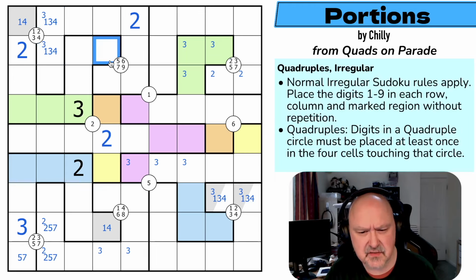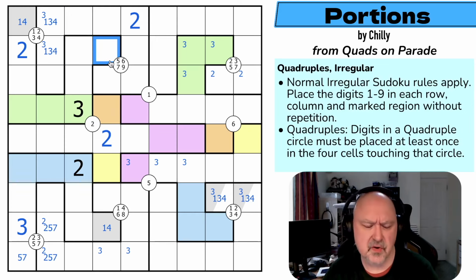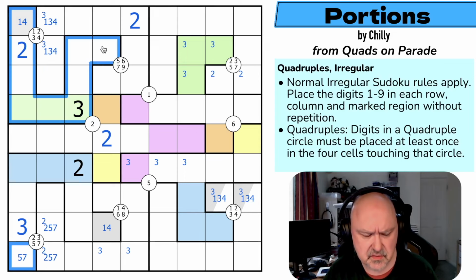That digit? Well, can I do the same? Where does that digit go in this region?